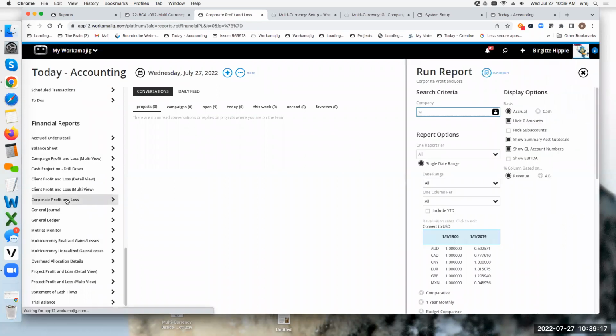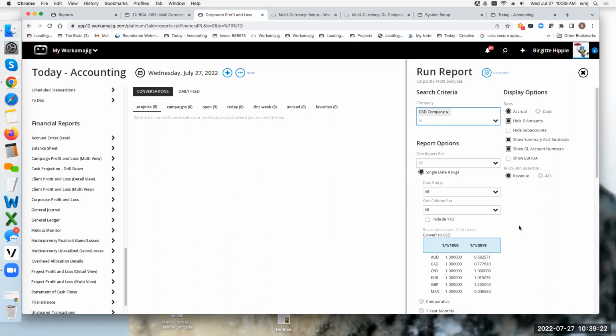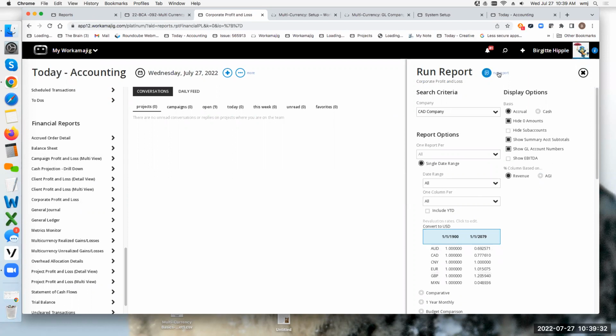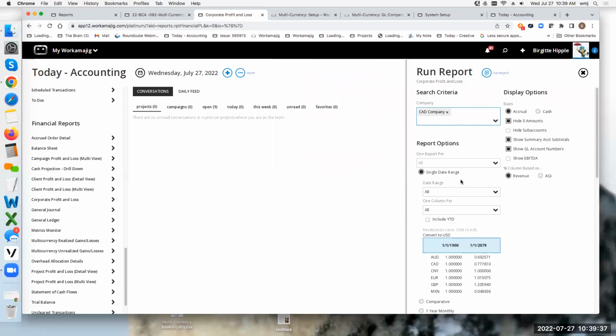So when I go to run my corporate P&L, it doesn't matter that it's my Canadian company. The values that I'm going to see are going to be based on the currency rate exchange of today. So if I run this, whoops, not today, single date range.